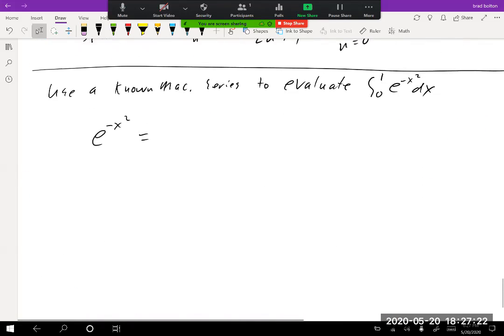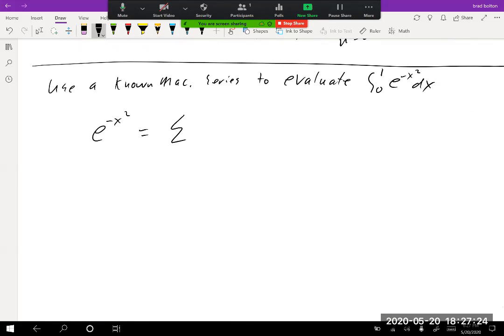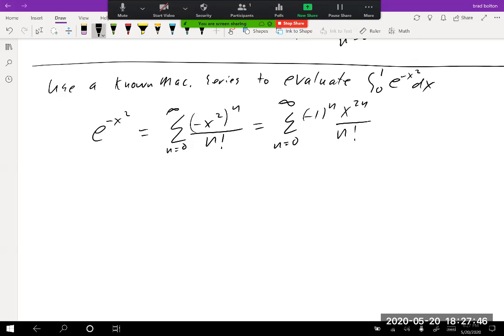So I'm just going to say this is the series of negative x squared to the n over n factorial, because that's all we did in the previous problem. So then that means this is actually negative 1 to the n, x to the 2n over n factorial.